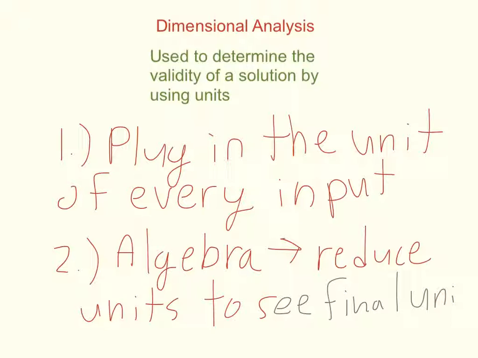So again, the units we see in the end will be the units of our final answer. And if we know our units fairly well, that means we can then see, all right, is this equation really going to give me the quantity that I wanted?